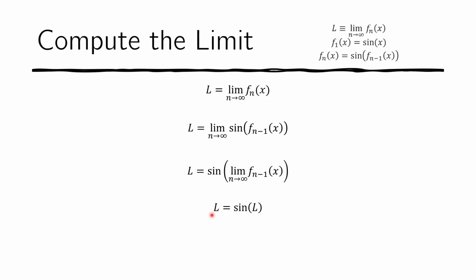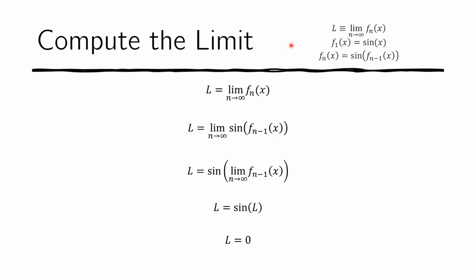Now we just have to guess or find a value for L. If we think about the common values of L, it's not going to take us long before we realize that 0 satisfies this. If you have 0 here, sine of 0 equals 0. And because this is a one-to-one function, because it is monotonic, we can be sure that there is only one value, and that value is 0.